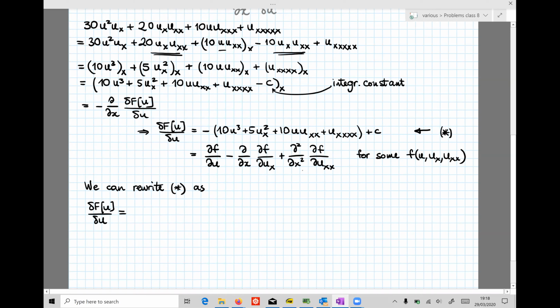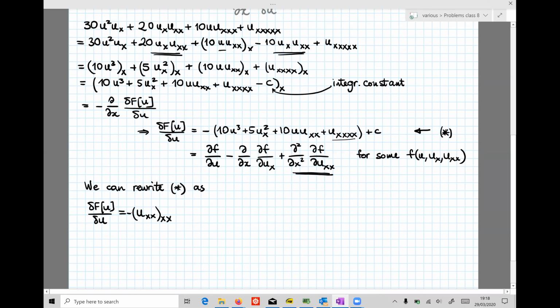So let's start from the highest derivative. We want a second derivative with respect to x. So clearly the last term here, which is uxxxx, is a fourth x derivative. So that's also the second derivative of the second derivative. And I forgot a minus sign.